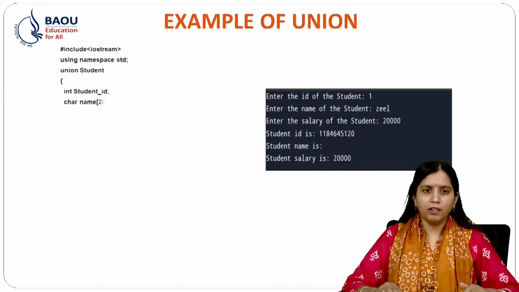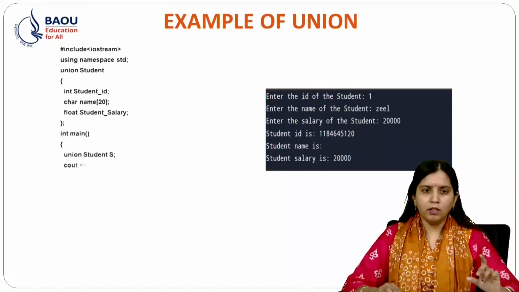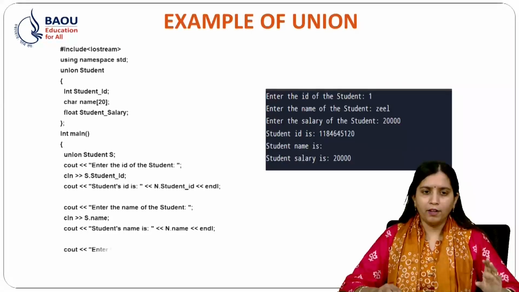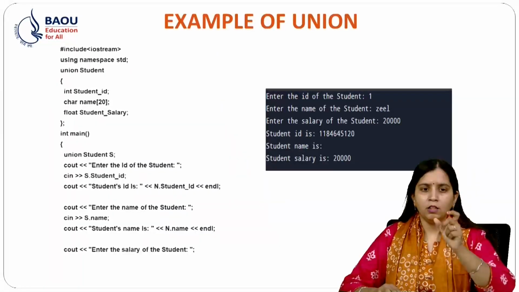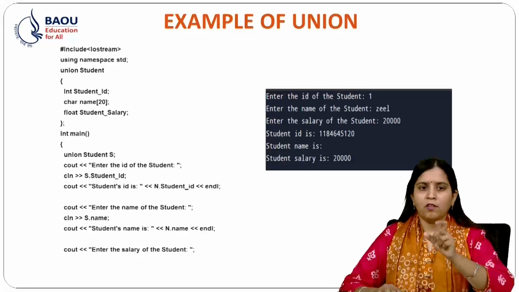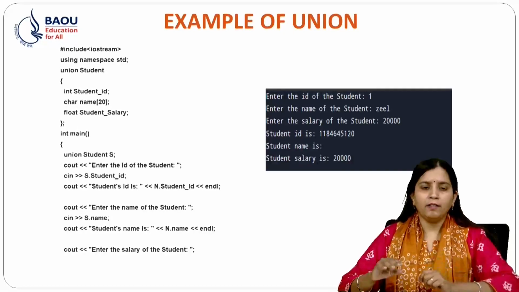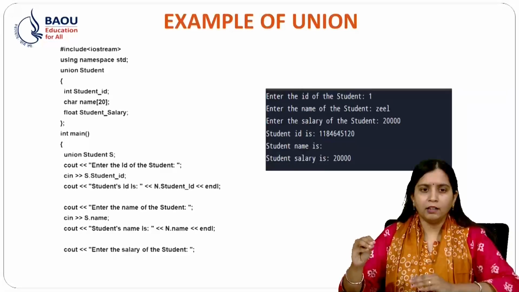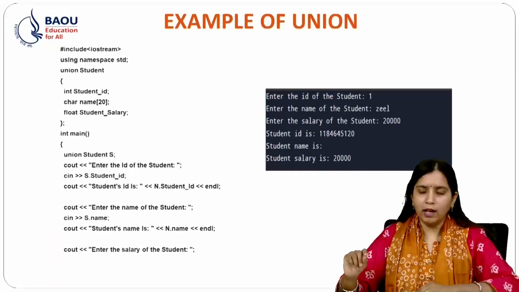So what I have done is I have initialized student union, and after defining student union I have made one variable student s which has a union student, and first of all I have entered the detail of id, and in cin I have s dot student id.